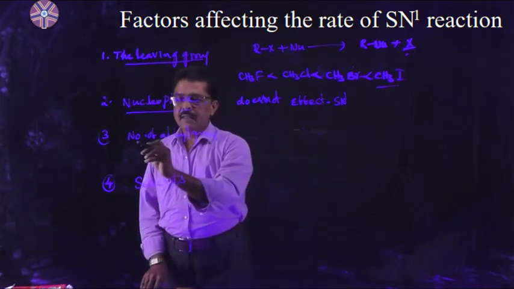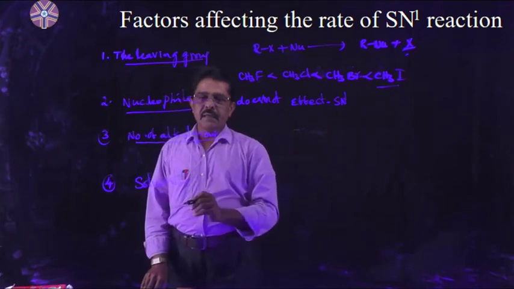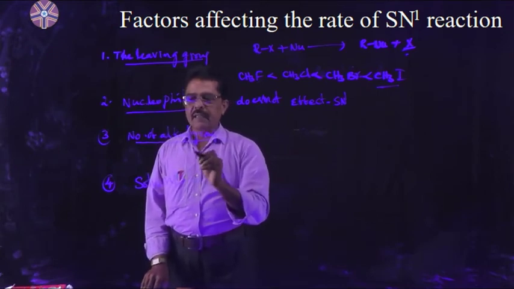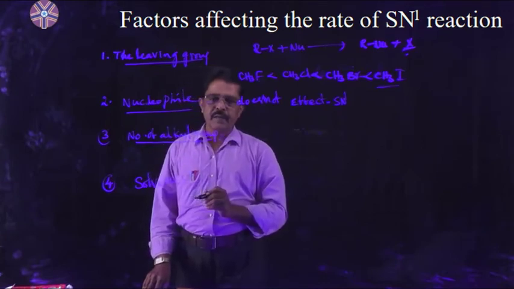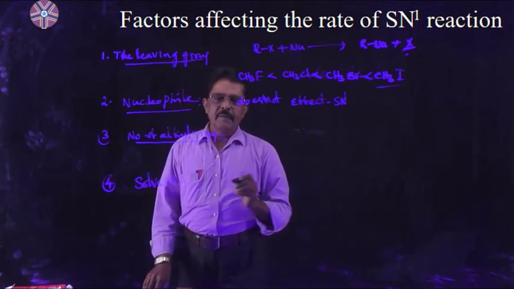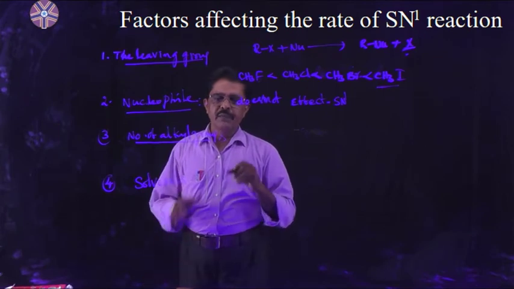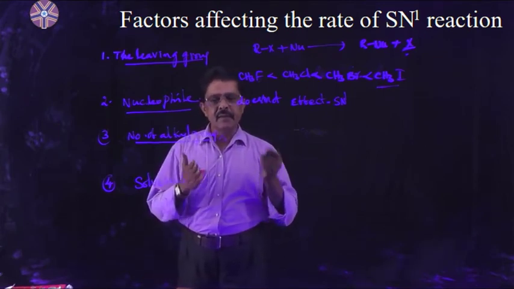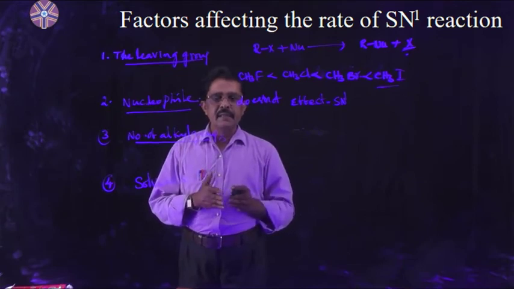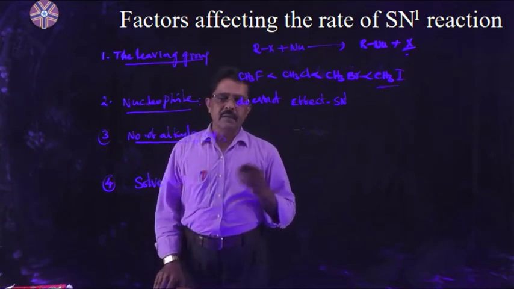Understand? Next, third influencing factor on the rate of reaction: the number of alkyl groups on the carbon having the leaving group. If the number of alkyl groups increases, then the rate of reaction increases, because the stability of the carbocation increases.